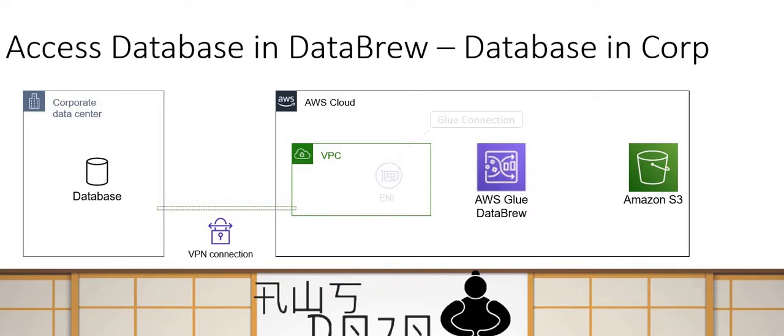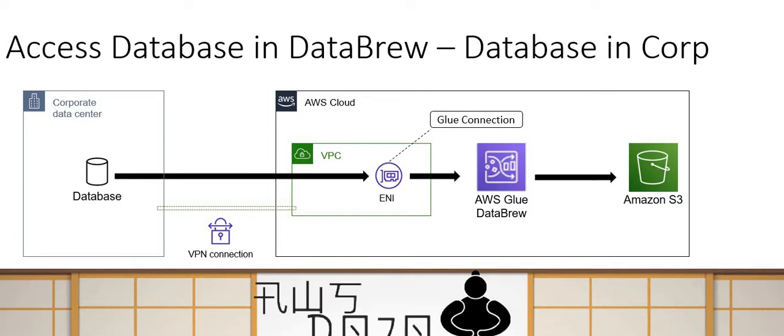And then after that, you create an ENI in this VPC using Glue Connection, and then through this ENI, the Glue DataBrew will be able to read data from this database over here.